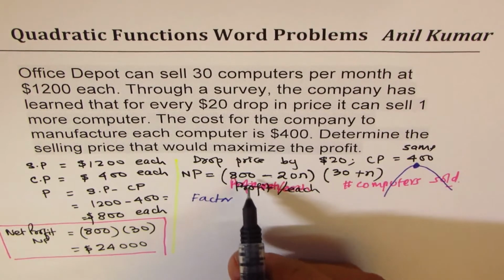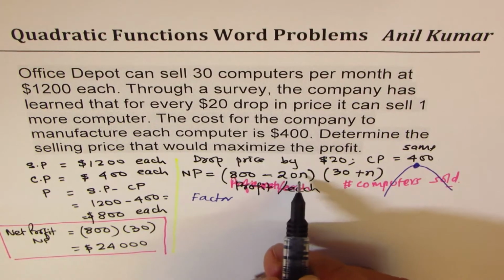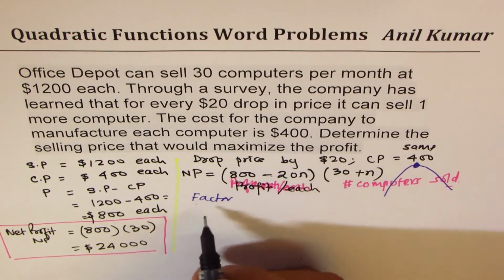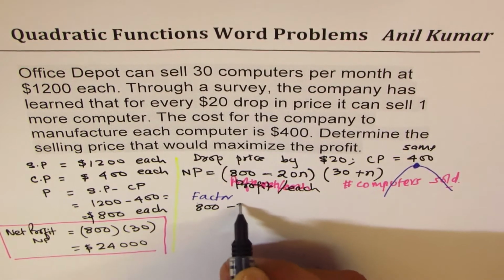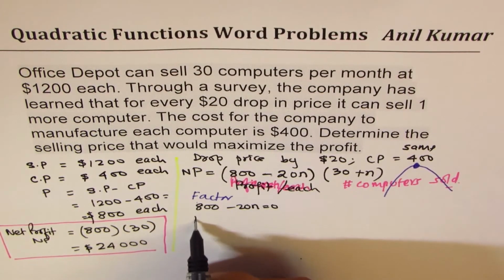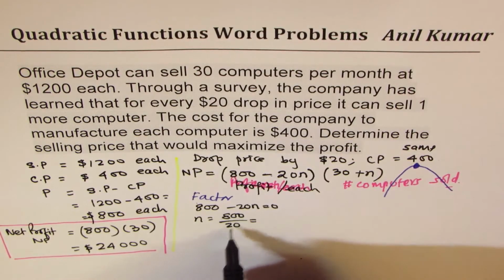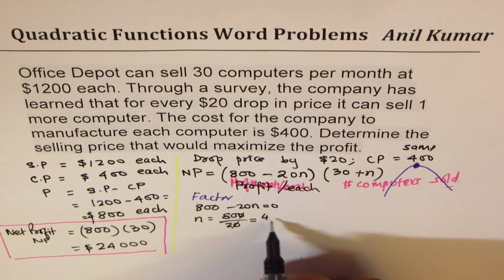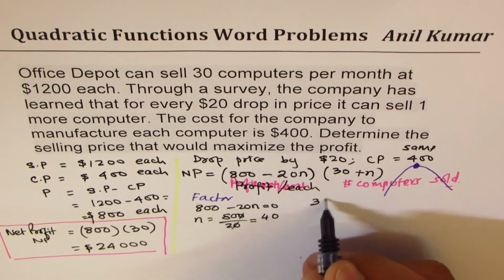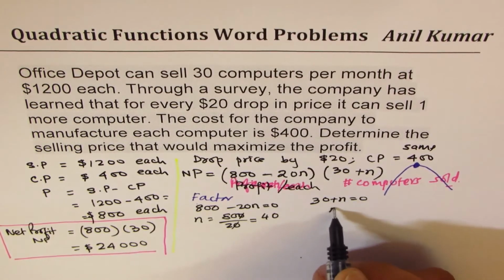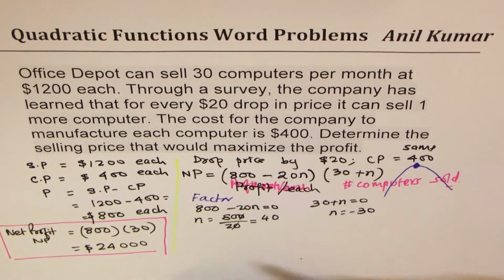Now what you notice here is that 800 minus 20n is 0. For n equals to, we can say 800 minus 20n equals to 0, means n equals to 800 divided by 20, which is 40. And 30 plus n equals to 0 means n equals to minus 30.